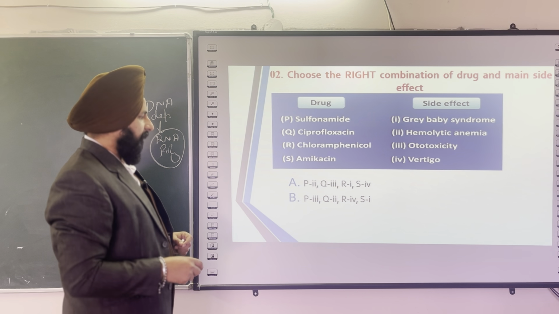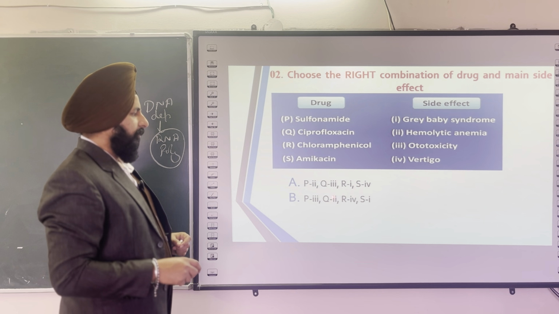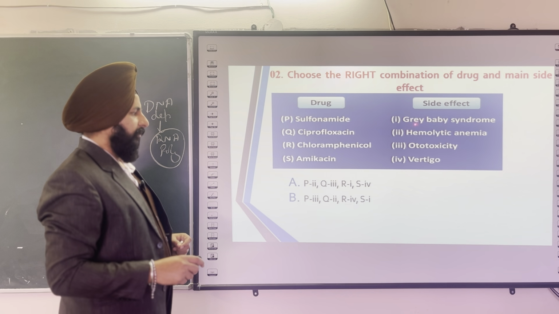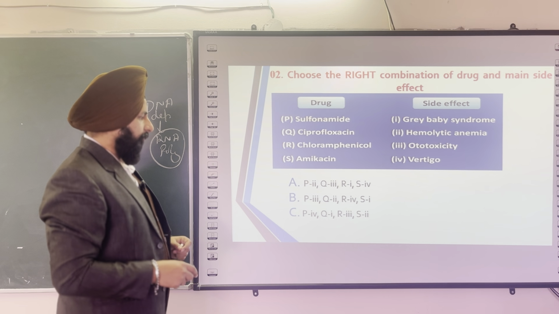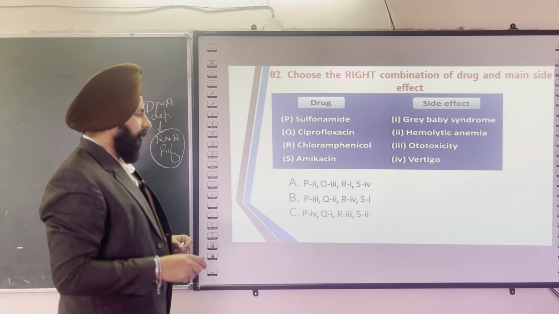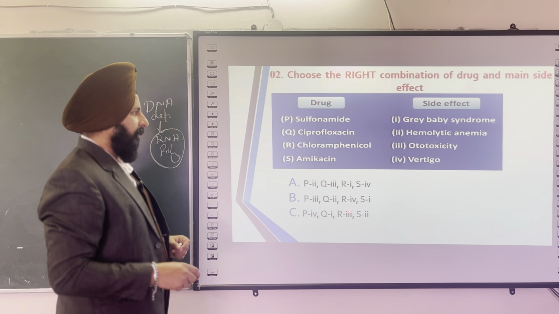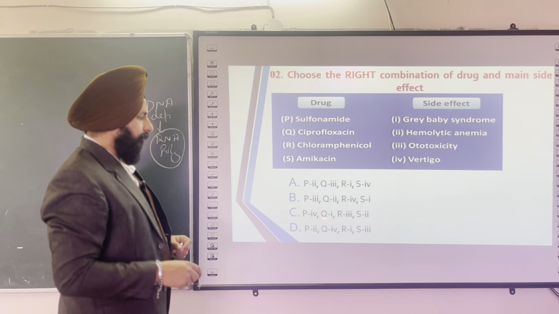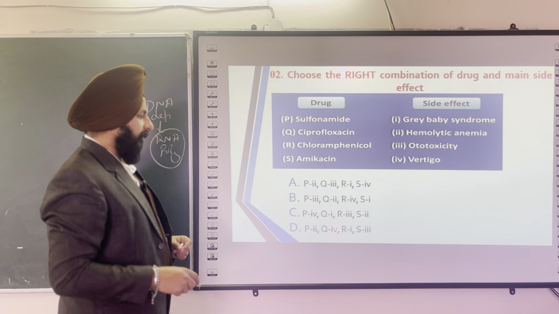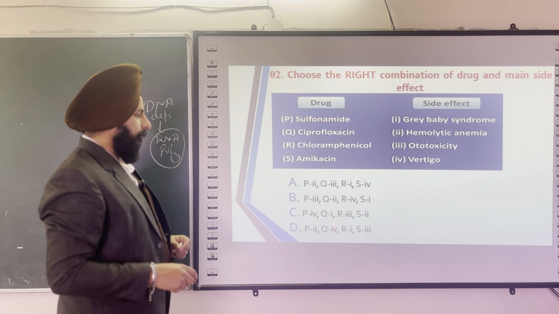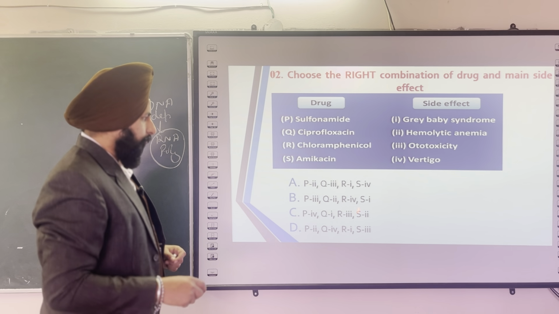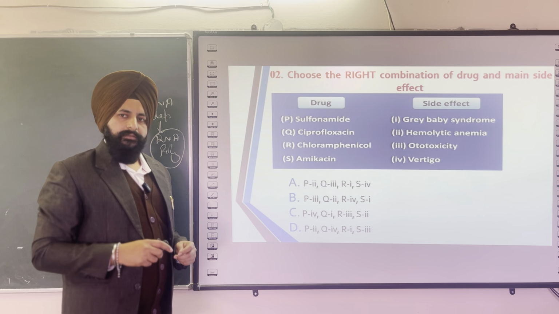The next option is: P causes ototoxicity, Q causes hemolytic anemia, R causes vertigo, S causes Gray baby syndrome. The third option is: P causes vertigo, Q causes Gray baby syndrome, R causes ototoxicity, S causes hemolytic anemia. The fourth option is: P causes hemolytic anemia, Q causes vertigo, R causes Gray baby syndrome, S causes ototoxicity. So you choose the correct answer for this question.